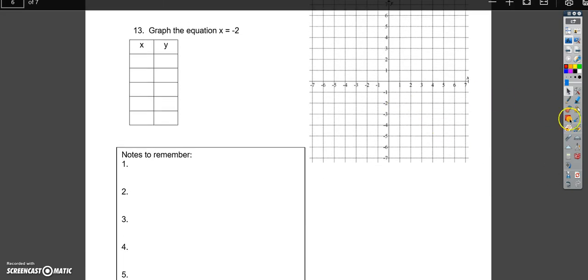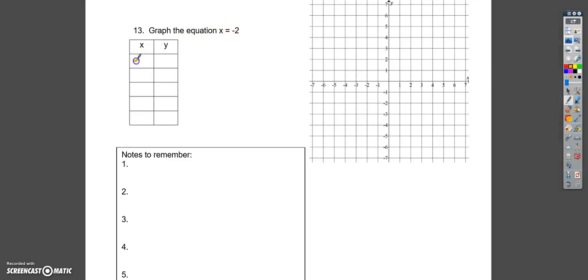Now this one is x equals -2. What that tells us here is that x is going to equal -2 every time. And we don't even have a place to get y.